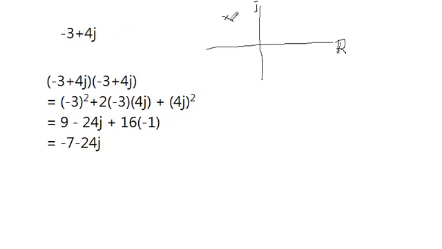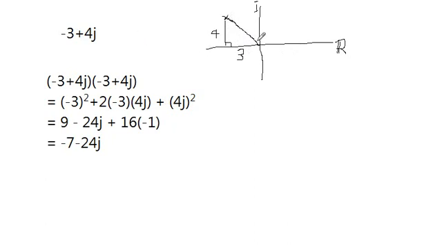Essentially you want to find the length from the origin to the point, and we know that the height of this is 4 because by definition plus 4j means go up by 4. Minus 3 means go left by 3, and so now we've got a right angled triangle because these two axes are perpendicular to each other.